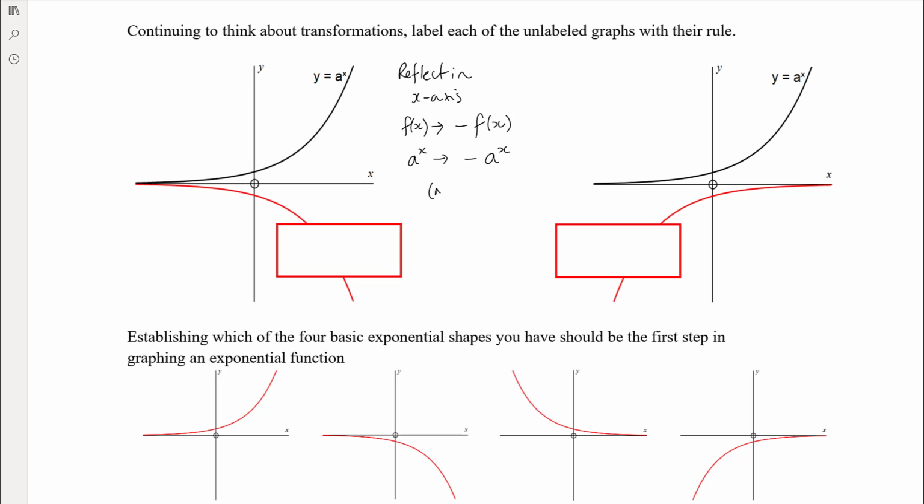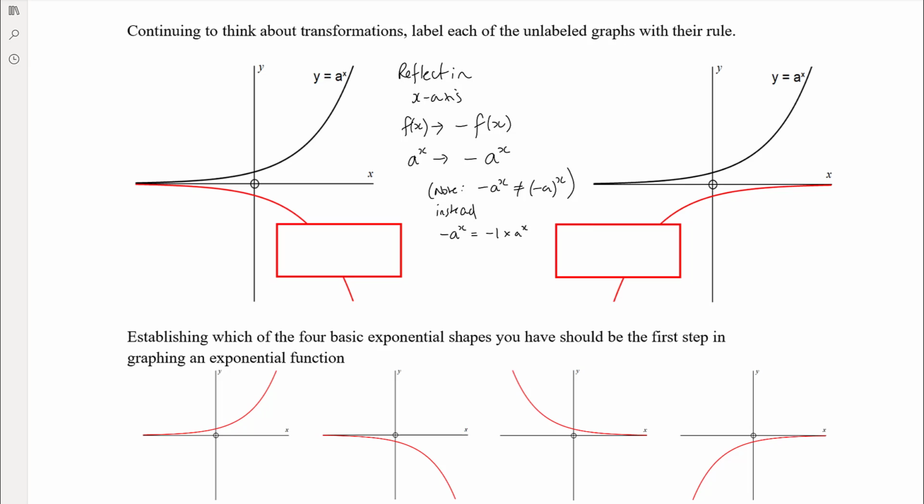I want to be clear about the fact that negative a to the power of x isn't the same as negative a all to the x. Okay, so instead, negative a to the power of x is negative 1 times a to the power of x.